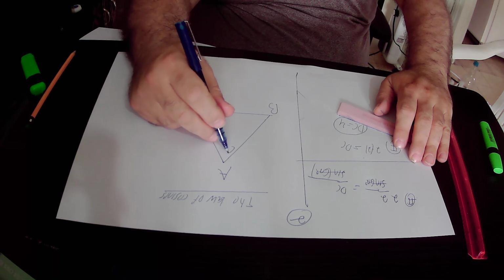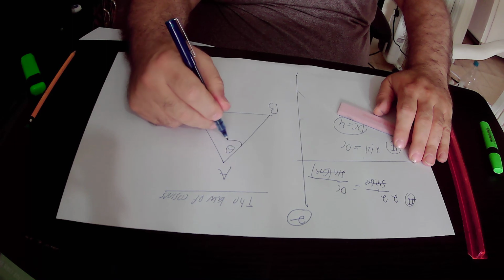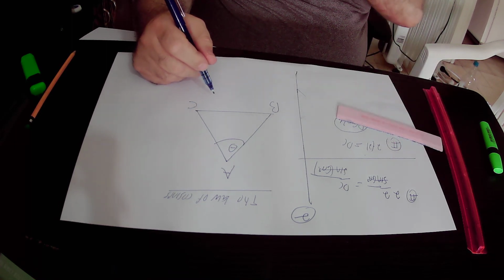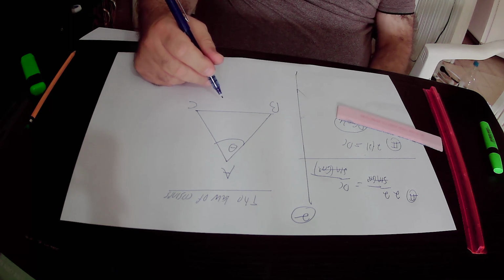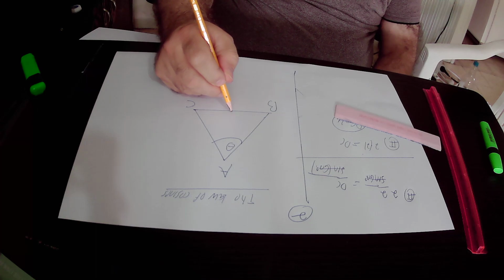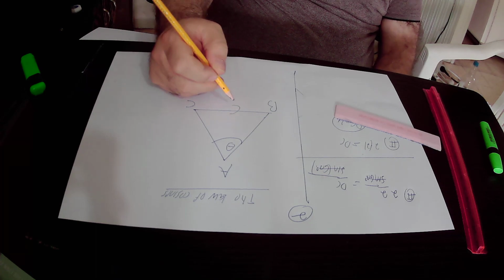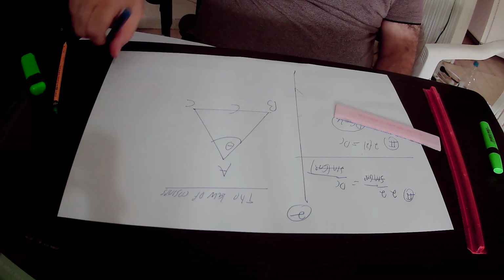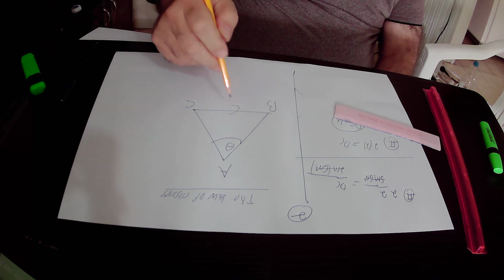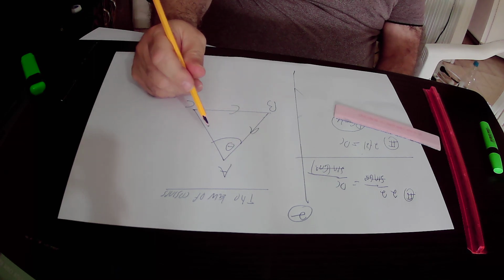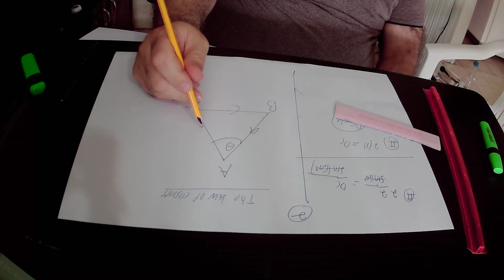This is angle theta. Here, the length of side BC is equal to c units. The length of side AB equals a units. And the length of side AC equals b units.